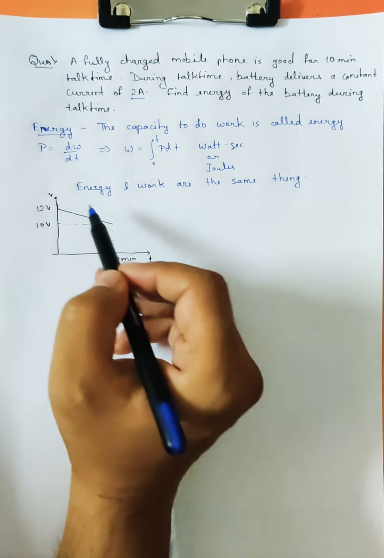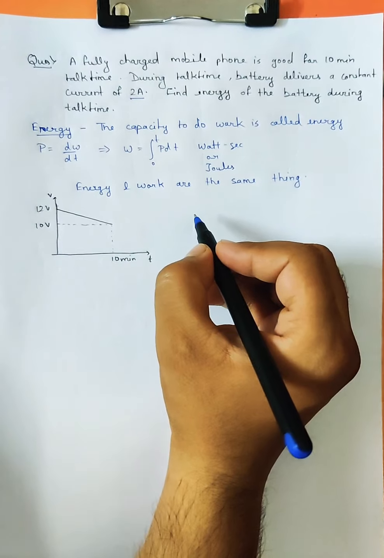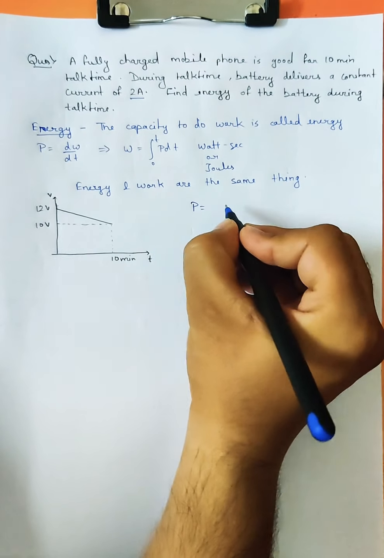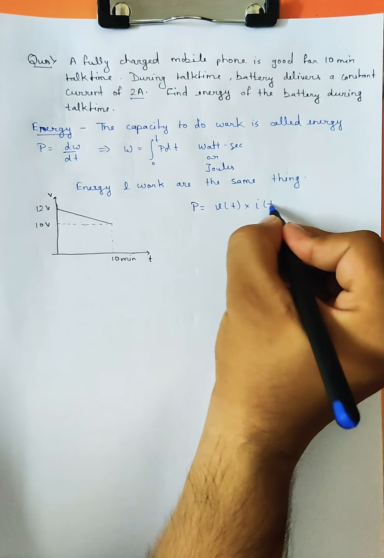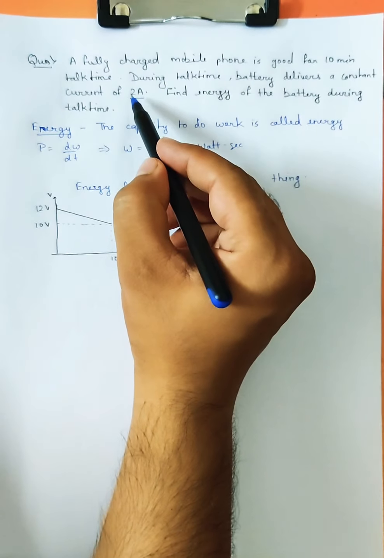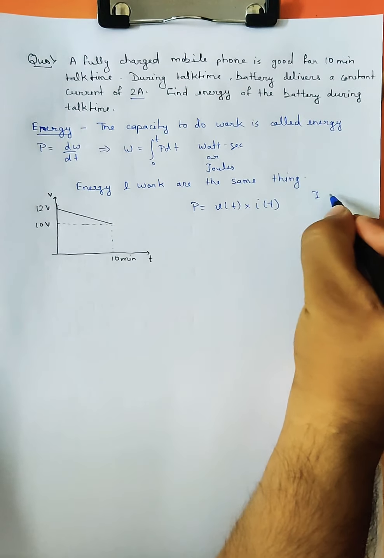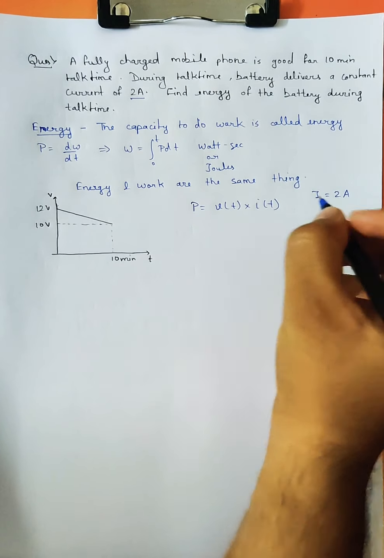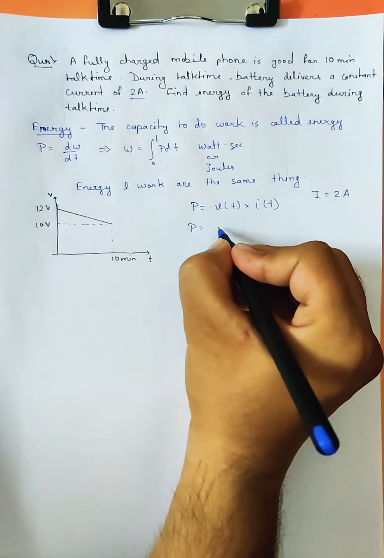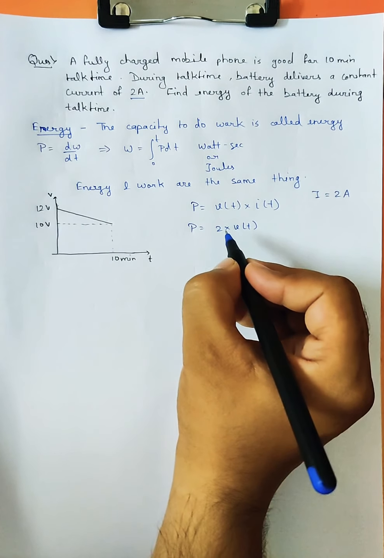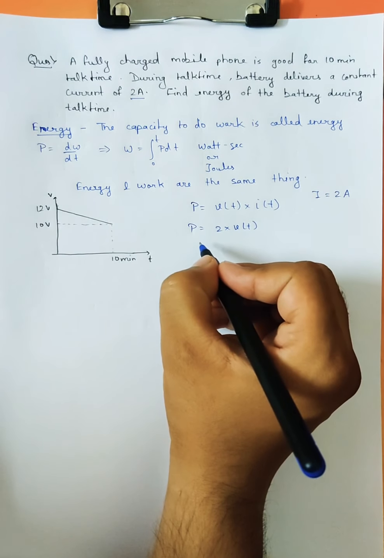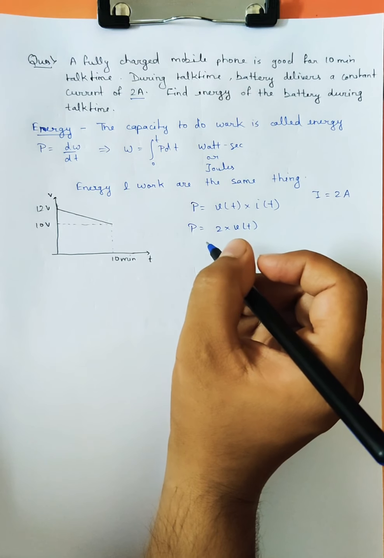This plot is given in the question. We know that P is equal to V(t) into I(t), as I(t) is given constant as 2 ampere. I is equal to 2 ampere, which is a constant. So P is equal to 2 into V(t). There are two methods for solving this question.